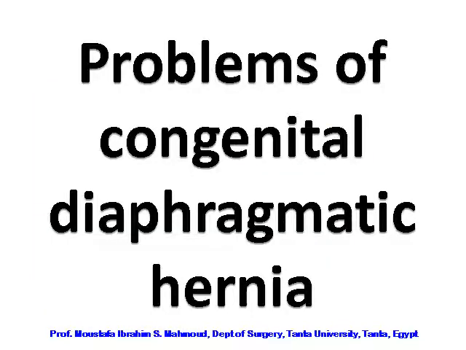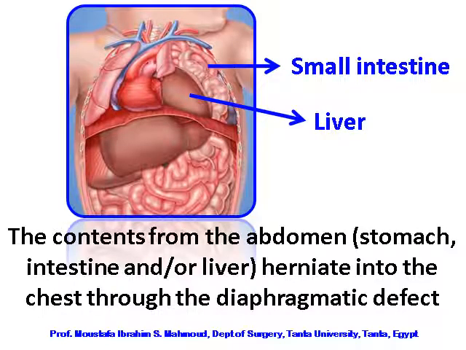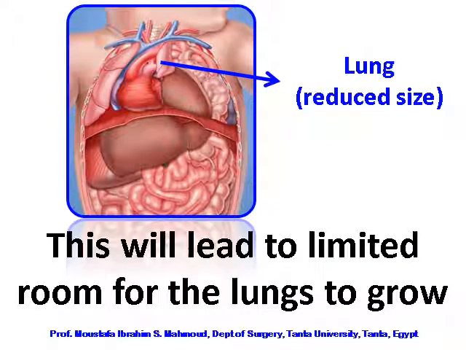Problems of congenital diaphragmatic hernia. The contents of the abdomen, stomach, intestine, and or liver herniate into the chest through the diaphragmatic defect. This will lead to limited room for the lungs to grow.